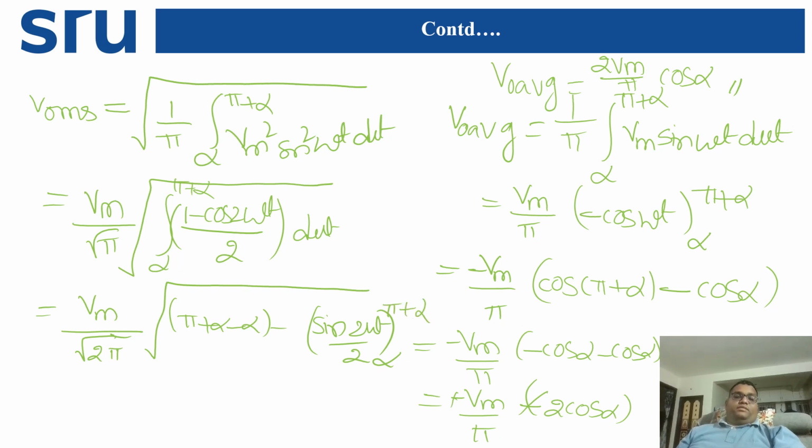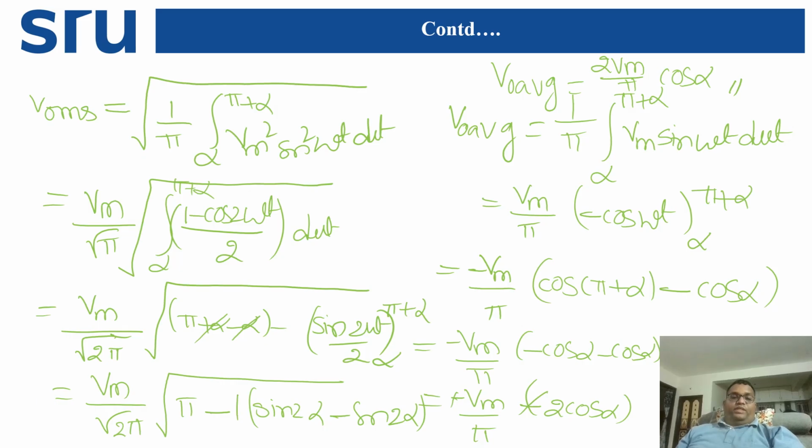Then minus minus gets cancelled. Then Vm by root 2 times the square root of pi minus sine 2 pi plus sine 2 alpha minus sine 2 alpha. What happens here?